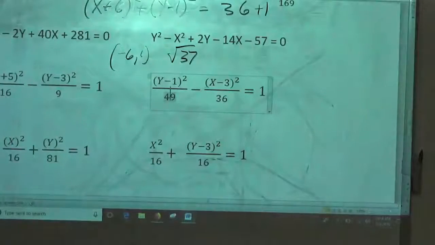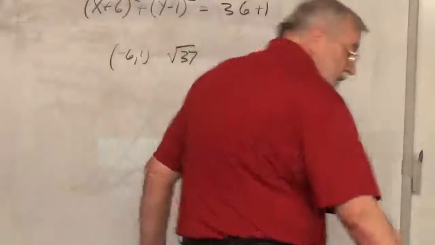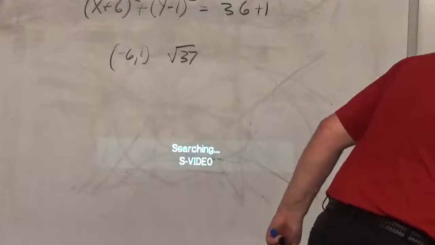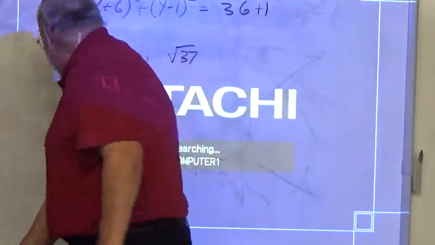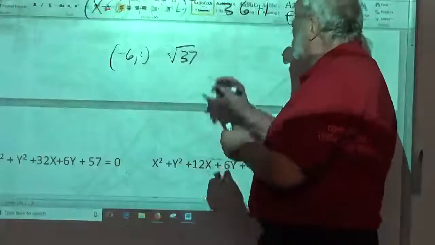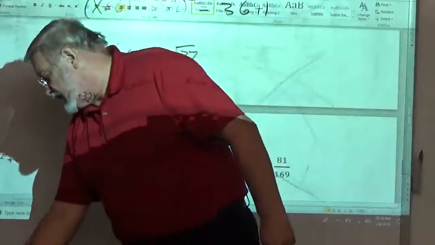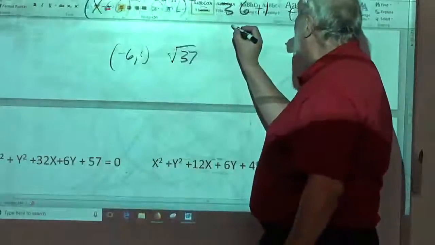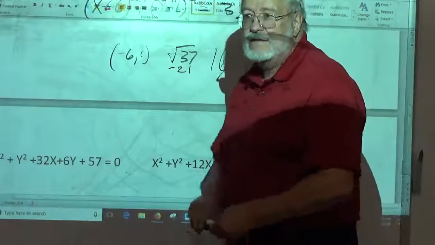What? 21. I didn't see that, I'm sorry. Okay. All right, so we have to move the 21 to the other side. When I take the 21 to the other side, is it negative there? It's positive. So therefore, I'm going to have to subtract 21 from here, and I'm going to end up with 16.